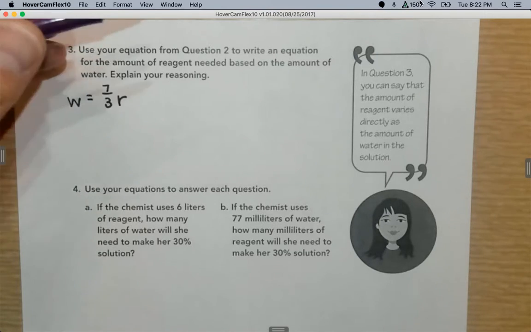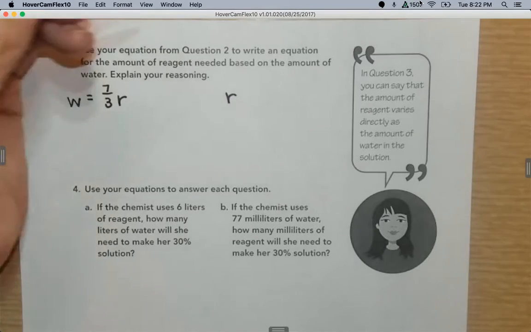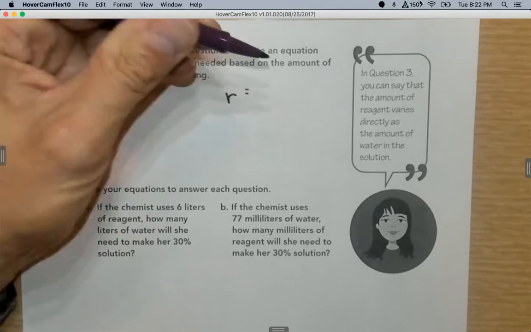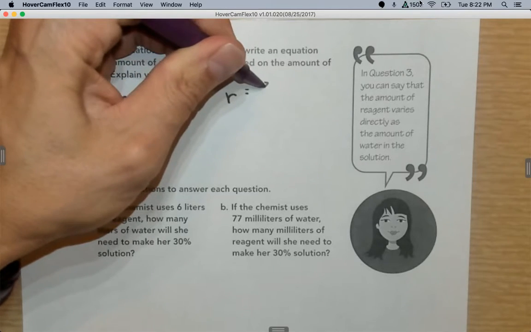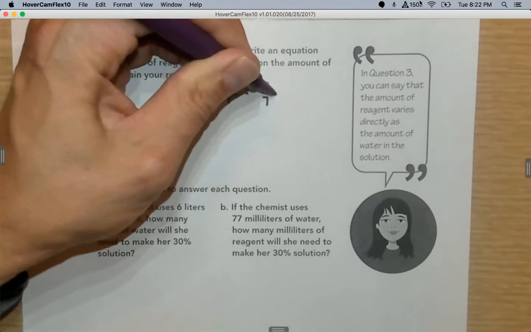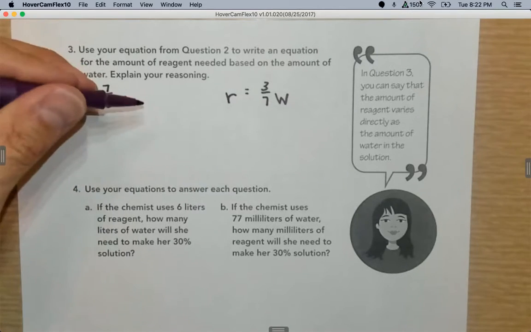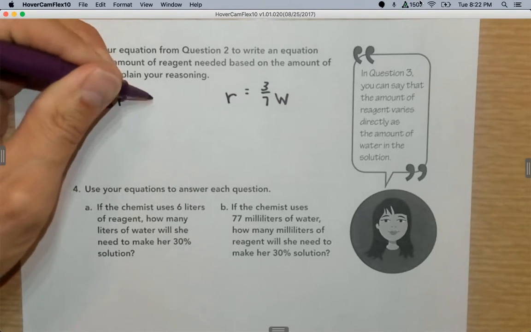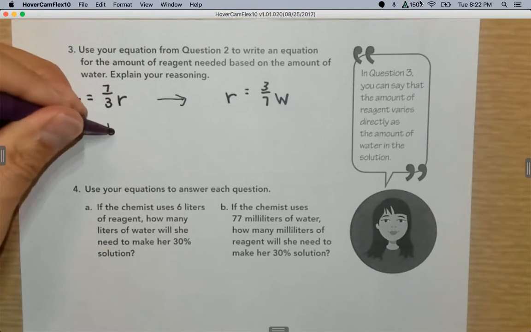Okay. And so the reagent needed, if that's the output, would be 3/7 times W.